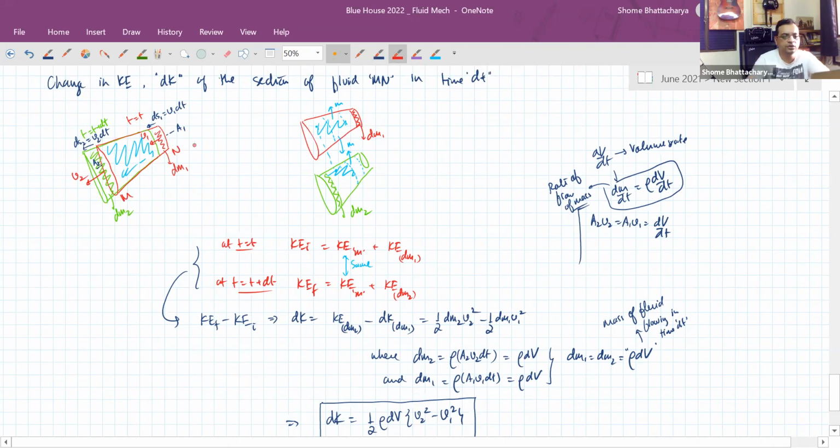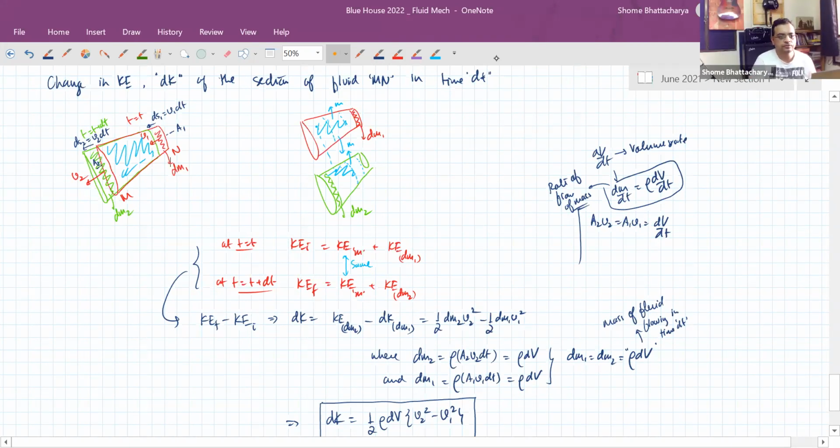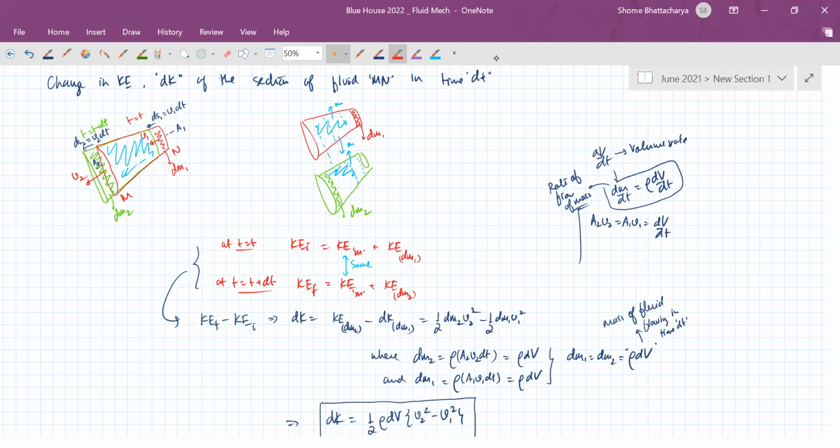As this section of fluid is moving in time dt, how much is its change in kinetic energy? It turns out its change in kinetic energy is directly proportional to v2 square minus v1 square.